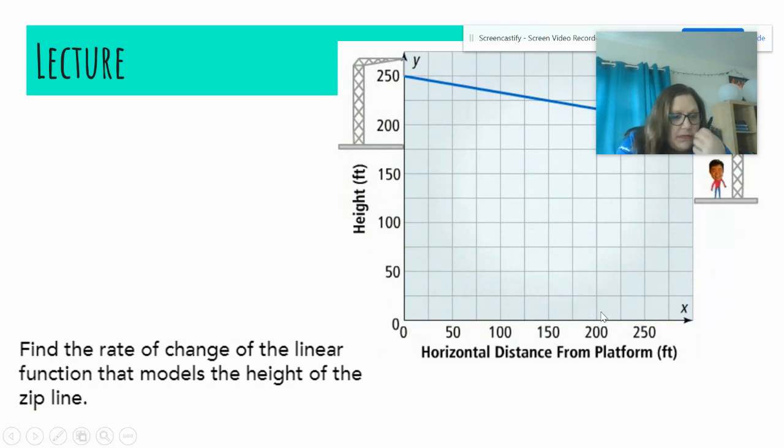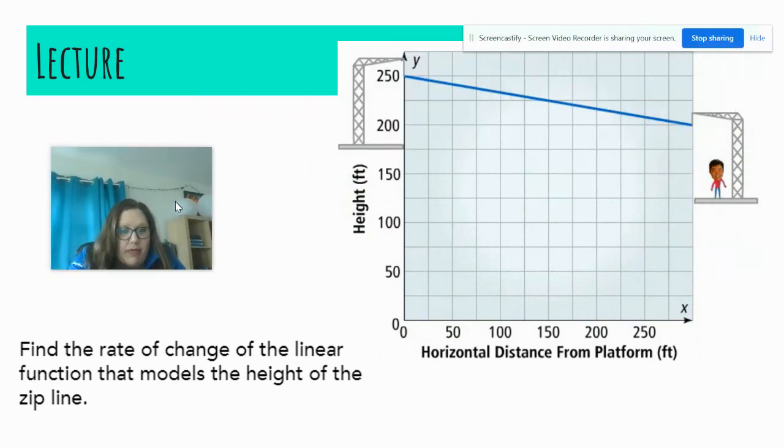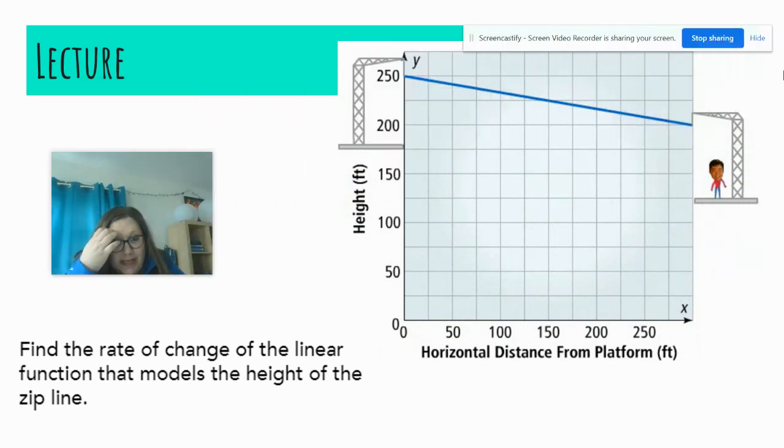Okay. Find the rate of change in a linear function that models the height of a zip line. All right, so we need to figure out what's happening with our y and then what's happening with our x. Change in y over the change in x. Remember that little triangle means change.